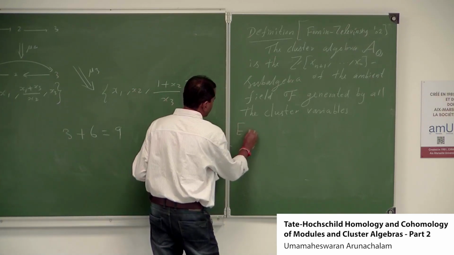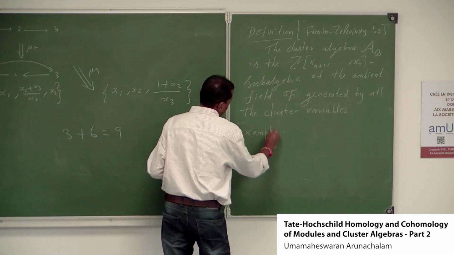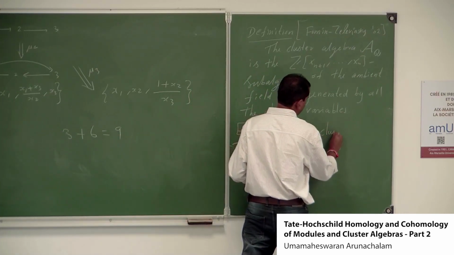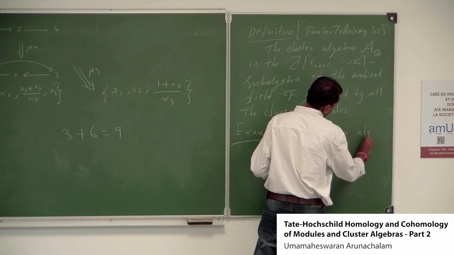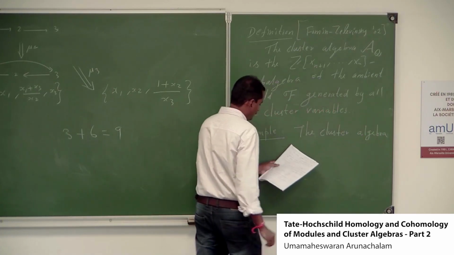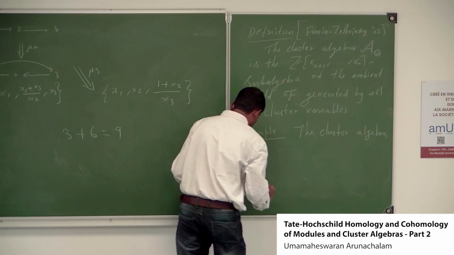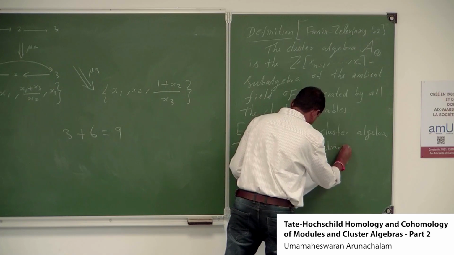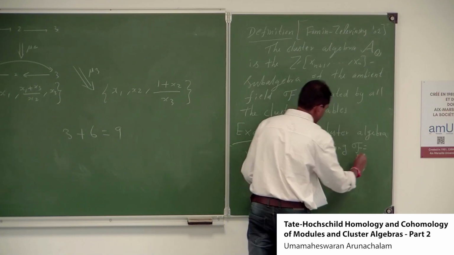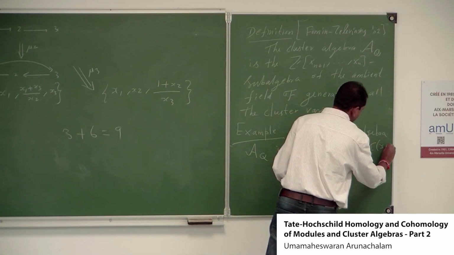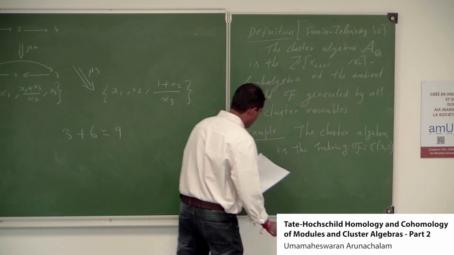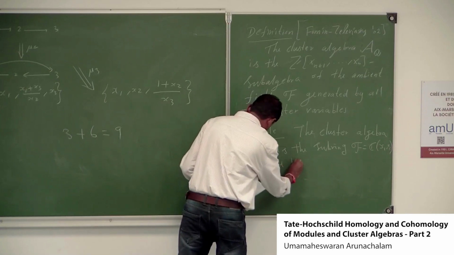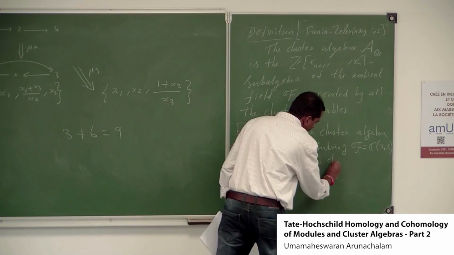I am giving the example from your previous one. The cluster algebra AQ is the subring of F, which is C of x1 comma x2, generated by all cluster variables.